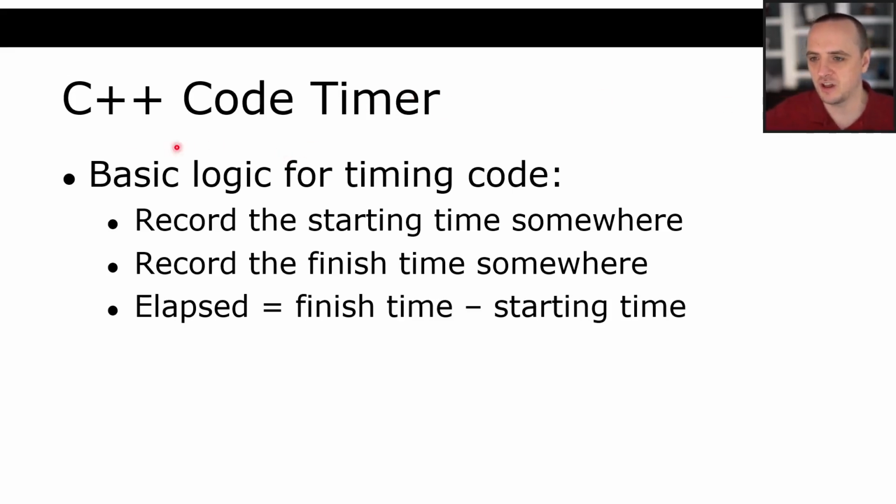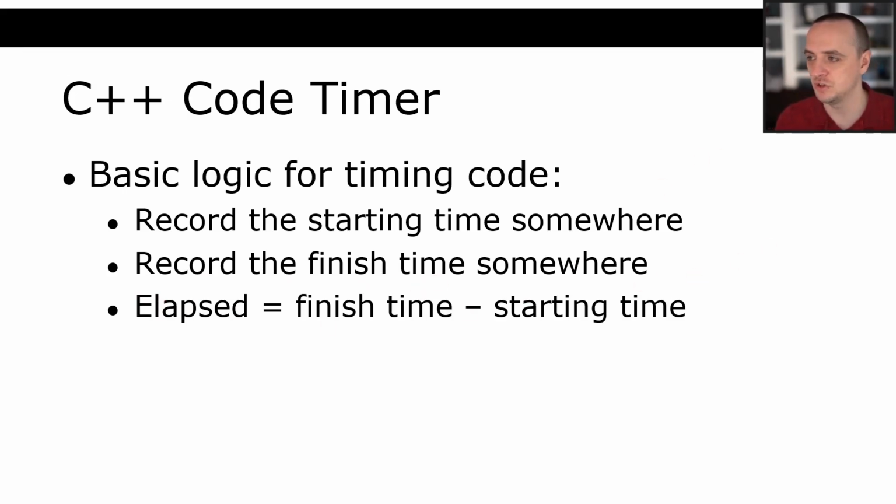So the basic logic, whenever you time some code, is that you're going to record the starting time somewhere, then you're going to record the finish time somewhere, right? So you record the starting time, then you run your code, then you record the finish time. And then the amount of time your code spent is elapsed, and that's equal to the finish time minus the starting time.